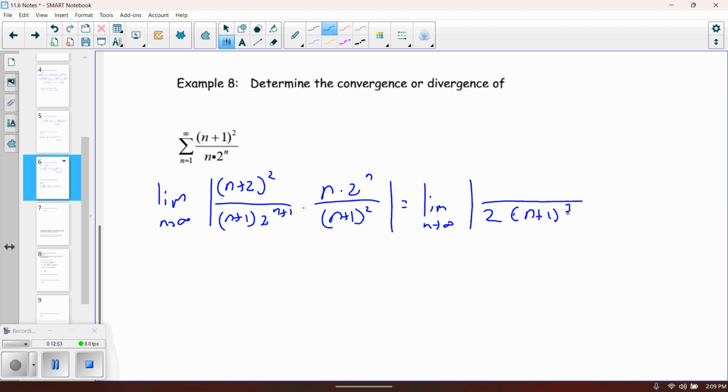And then on the top, it looks like I've got an n plus 2 squared times an n. So it looks like our highest powers in the numerator and denominator are both going to be n cubed. So your leading coefficients here are going to end up giving us 1/2 because of that 2 in the denominator. 1/2 is less than 1 and therefore convergent.